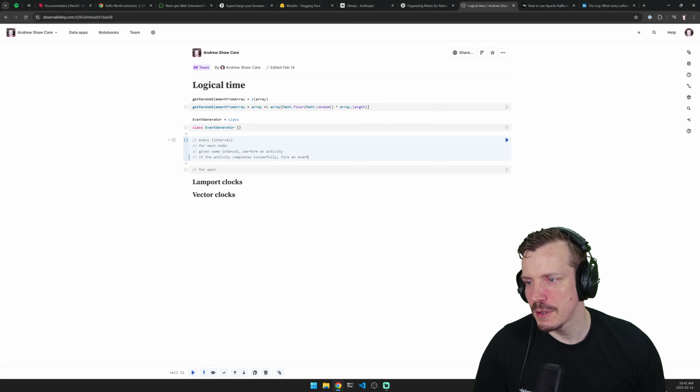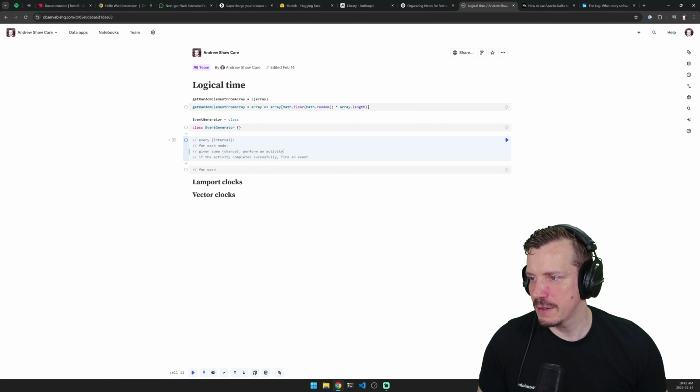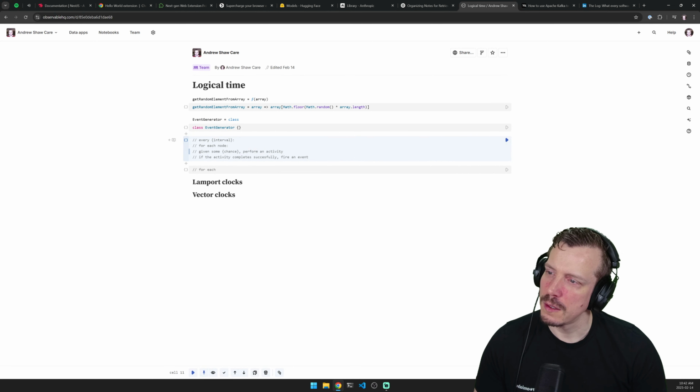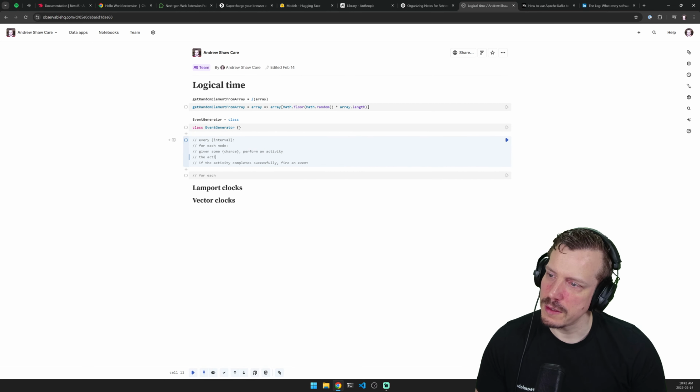So I guess the experiment is, yeah, every interval for each node given some chance perform an activity. And the activity will take some duration to complete.